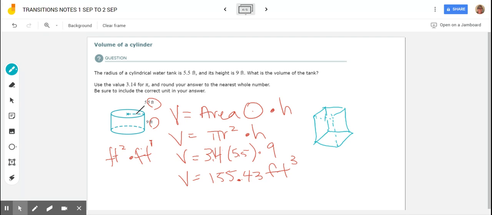The volume of this is going to be the area of the rectangle times this height. If you had a weird shape, like maybe some kind of weird trapezoidal thing, the volume of this is going to be the area of the trapezoid times the h. That is just a general formula for volume.